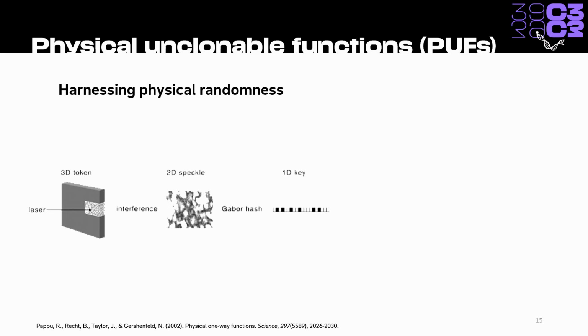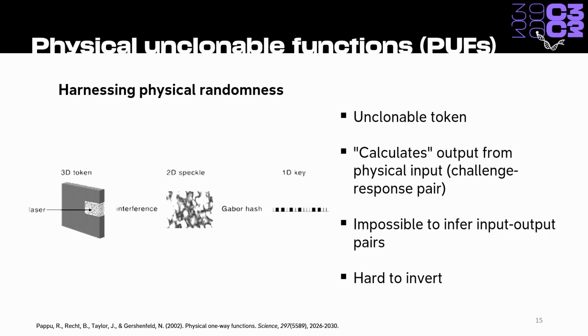And from this 2D speckle, they could then extract a key, a digital key, and this key would be specific to the combination between the random token and the incident angle of the laser. And in that, they were able to calculate outputs from inputs. However, these outputs could not really be predicted due to the random microstructure, and it was also basically impossible to invert.